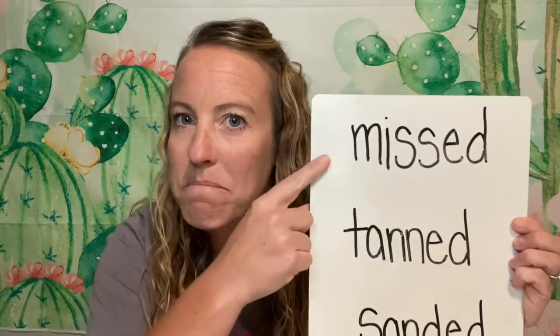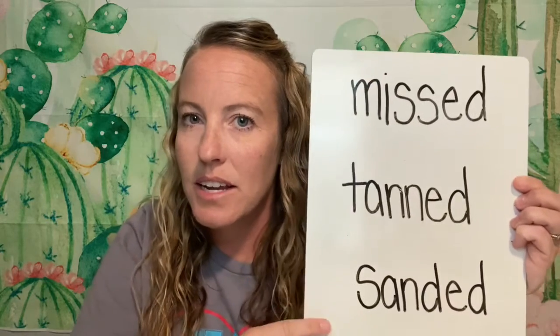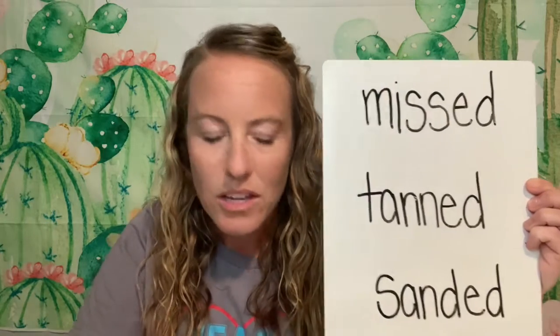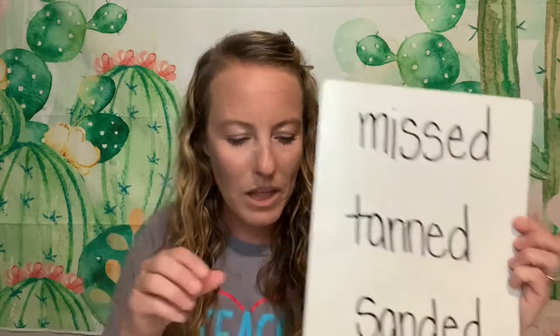Okay, let's take a look at these words. We have 3 different words on our board. We have mist, tanned, sanded. So, how many syllables are in the word mist? Let's clap this one out. Mist. 1 syllable. You're right.